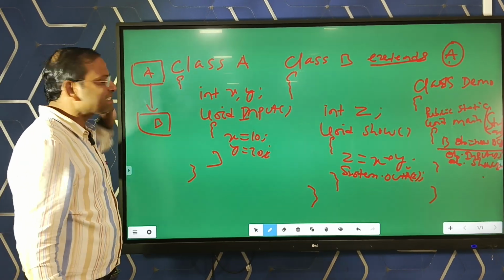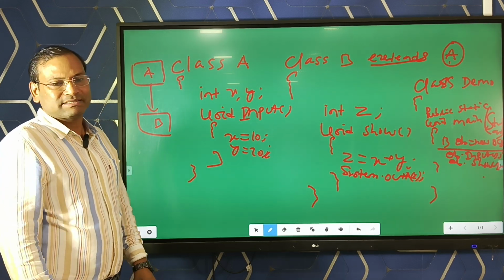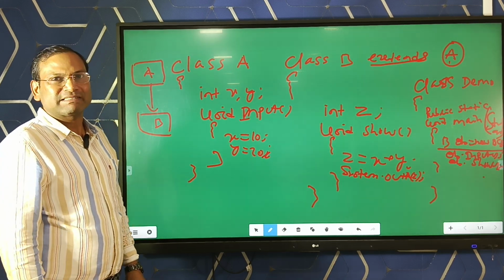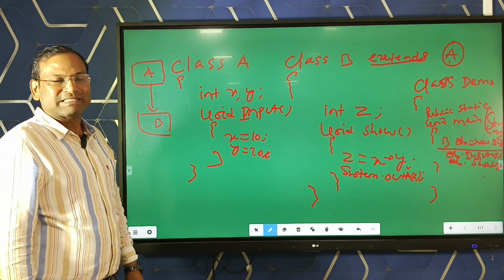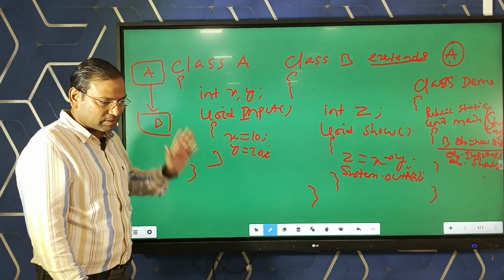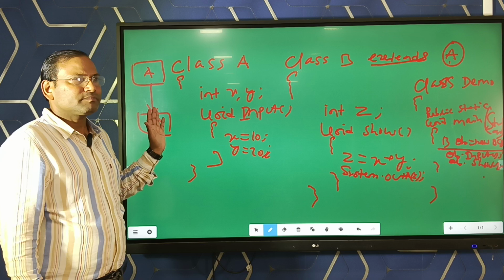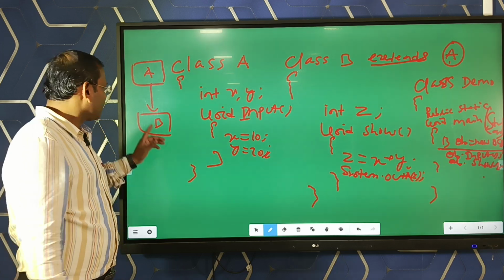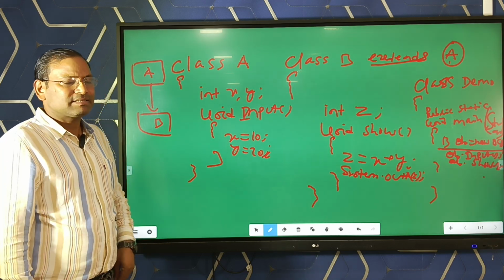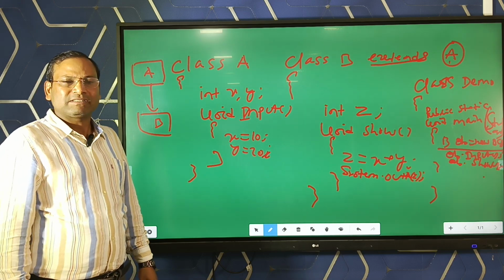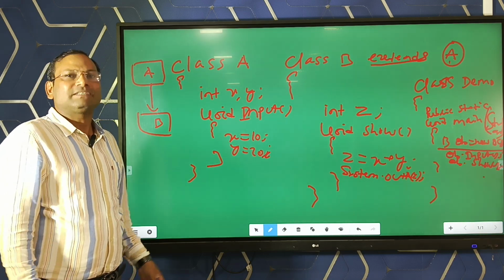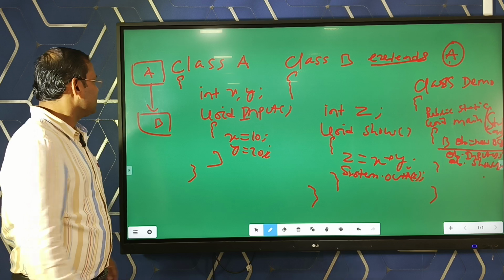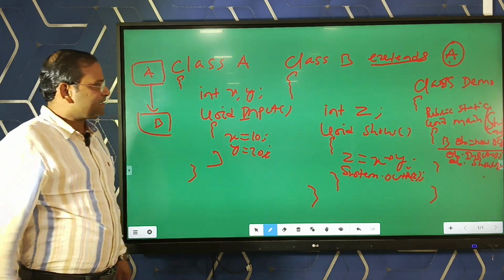Here, the existing class is known as base class, superclass, or parent class. The new class is known as derived class, subclass, or child class. Right? This is known as single inheritance.